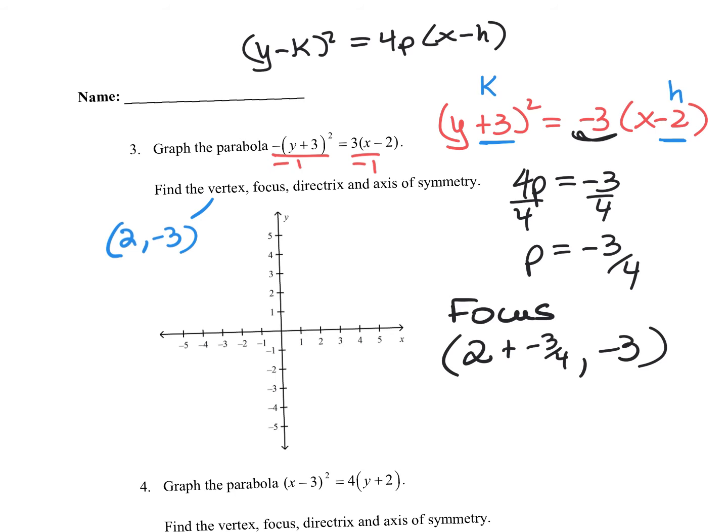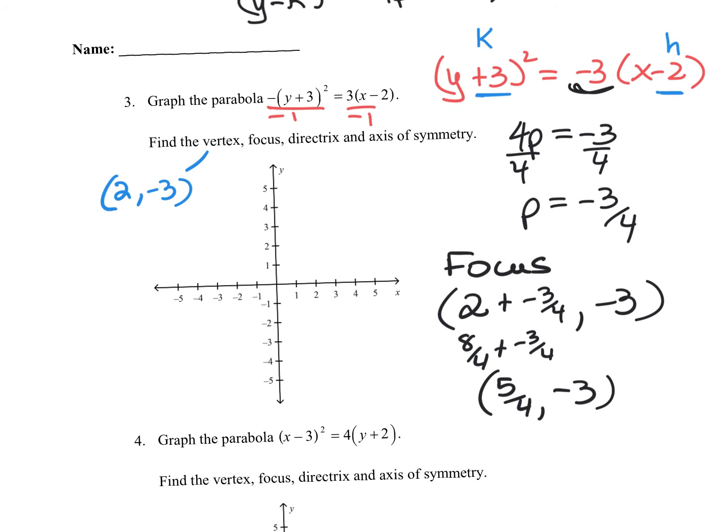And then I can go ahead and do the math here. I'm going to change the 2 into 8/4. So this becomes 5/4, which really is 1 1/4, because we're going to need to graph it.